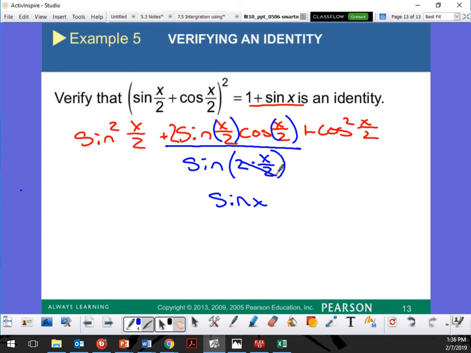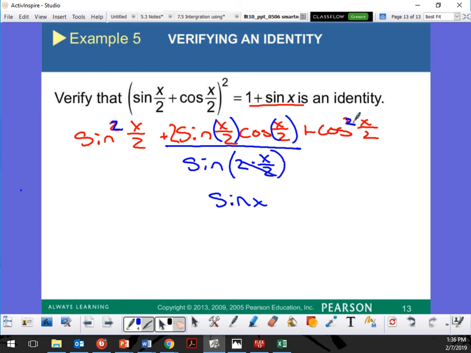Now, what is the one thing I'm still missing? What is sine squared plus cosine squared? It's 1. Does it matter what the angle is?